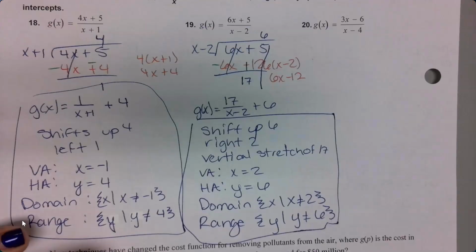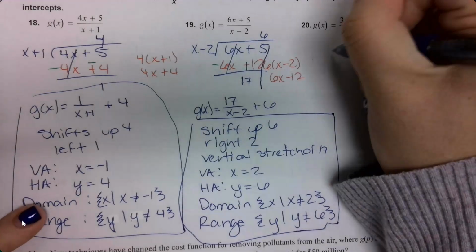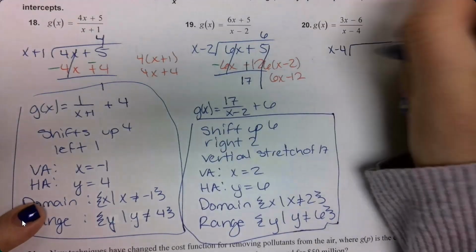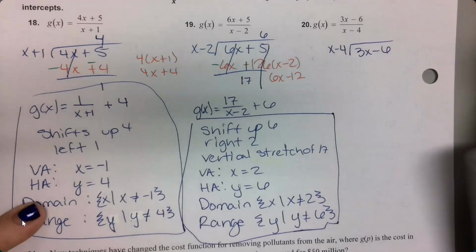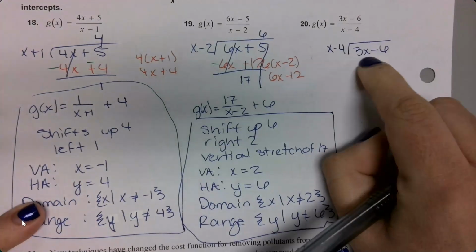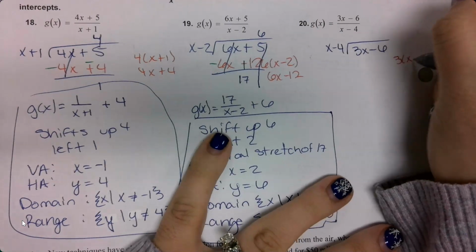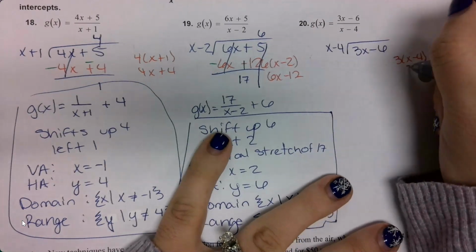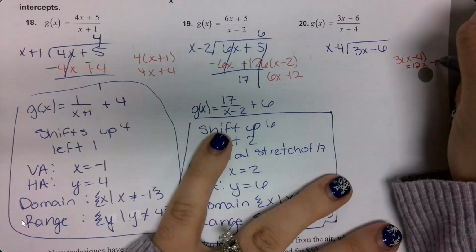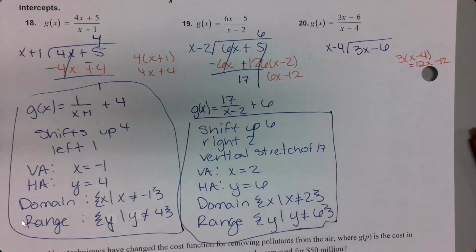Okay, so I just need to go ahead and do long division on my last one. I need to multiply this by 3 to turn it into 3x. That is going to give me 3x minus 12.